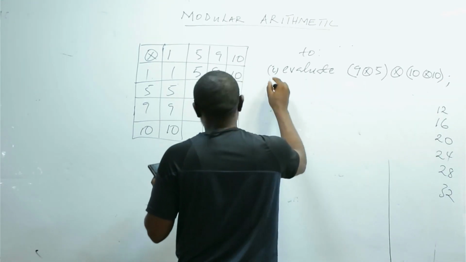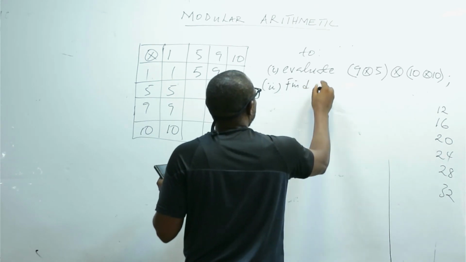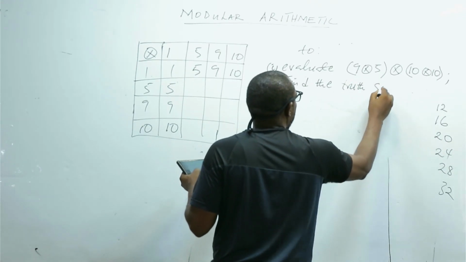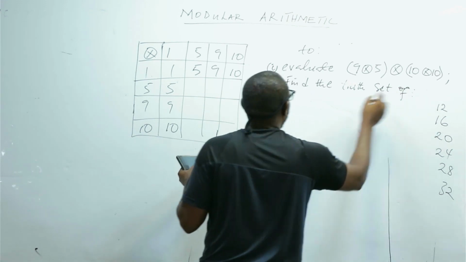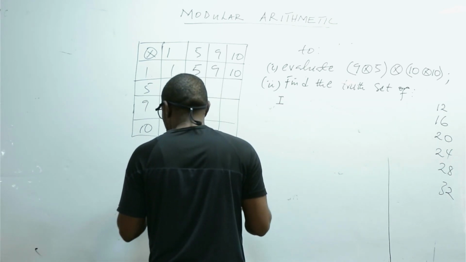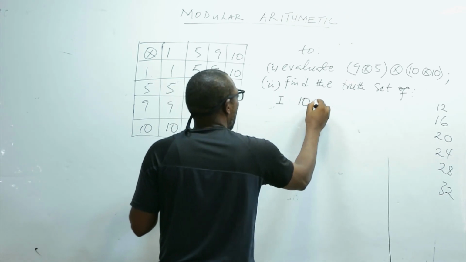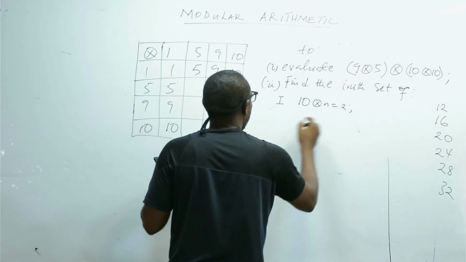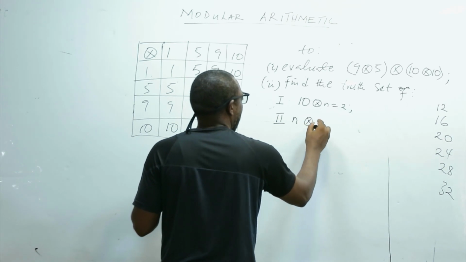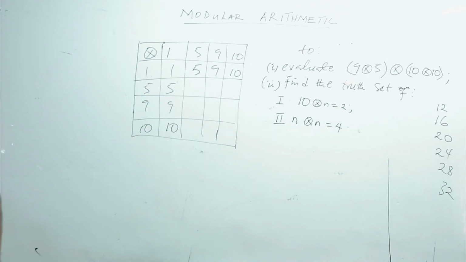Then I: find the truth set of. Then Roman figure 1: 10 operation multiplication n equals 2. Then n operation n equals 4. So we are going to solve it.